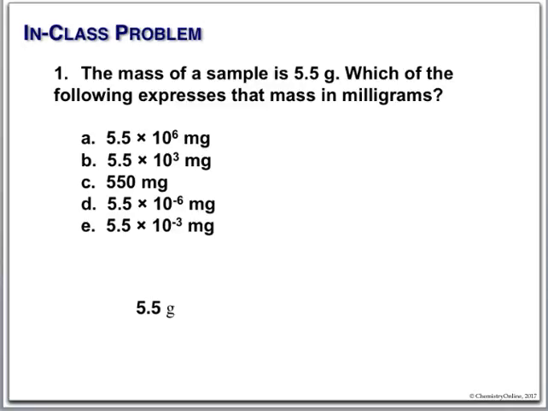Now, we need to have a ratio with grams in our denominator. So we'll set it up like this. 10 to the third milligrams is 1 gram. Now, there's another ratio you could write that was just as good, but remember, grams must be in the denominator because we need them to cancel.